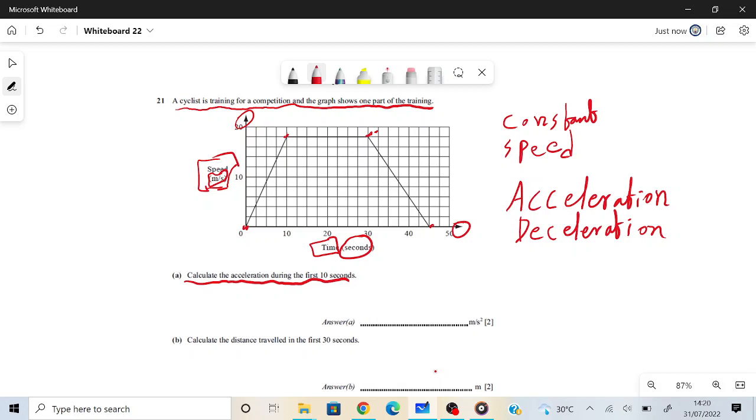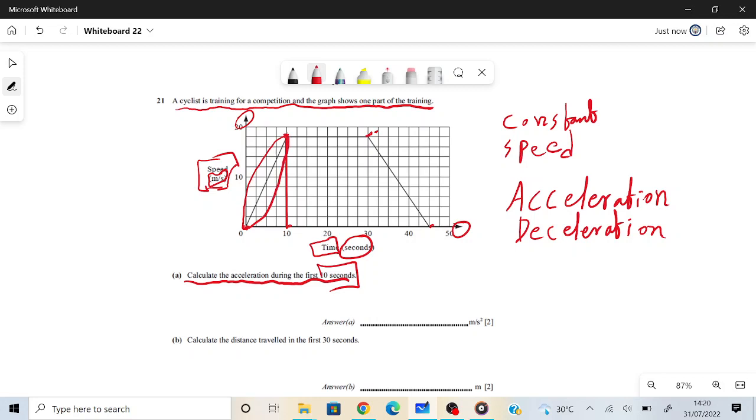It says calculate the acceleration during the first 10 seconds. So go to your x-axis, that's the time axis, and label where 10 seconds is. This is where 10 seconds is. Draw a straight line or a broken line, however you like, to the part where this intercepts the graph, and it intercepts right there. So basically it's wanting us to find the gradient of this line.